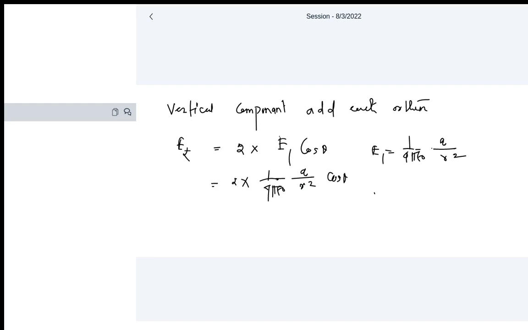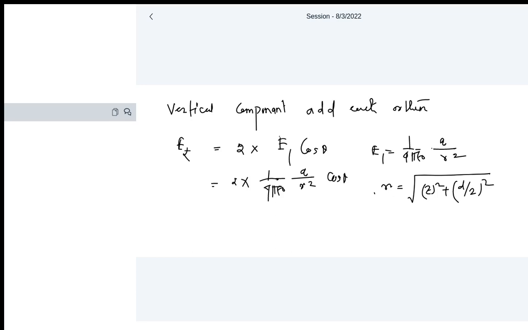So from the given configuration, R is nothing but the square root of Z square plus d by 2 whole square. That's fine according to the Pythagoras theorem.